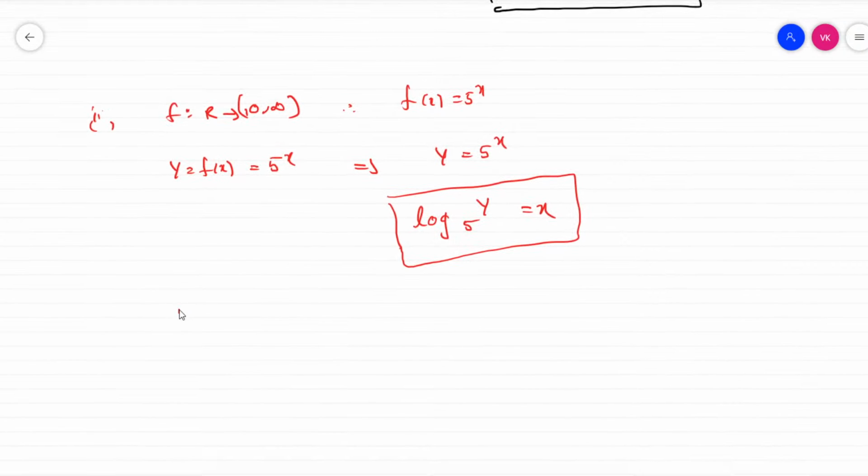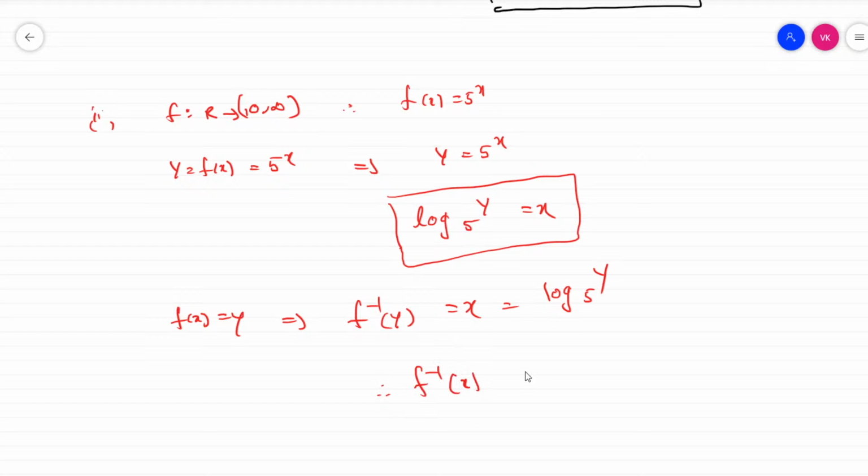Let us assume f of x is equal to y, which implies f inverse of y is equal to x. That means x is equal to log base 5 y. Then f inverse of x is log base 5 of x. That is the answer for the second one.